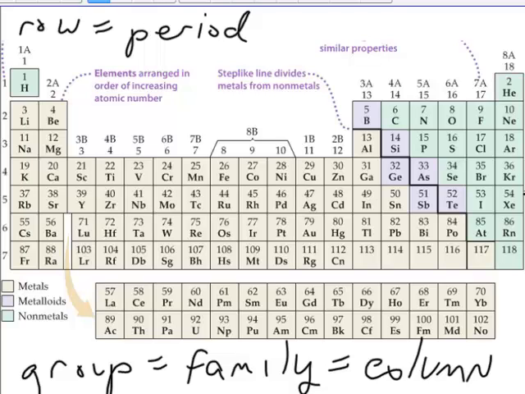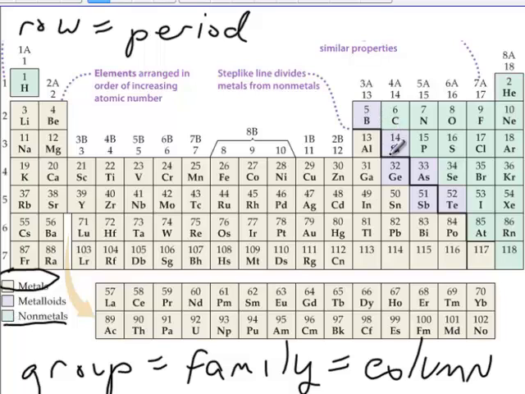Now, this particular periodic table on page 50 in your book is color-coded for the main groups of things on the periodic table. This tannish color here, as you'll see by the key here, is called the metals. Okay? These are the metals. The greenish ones here, those are the non-metals.